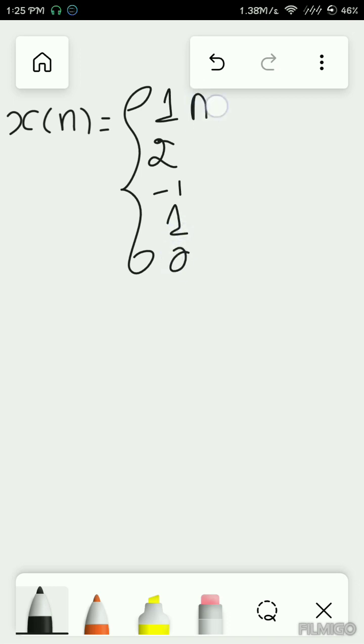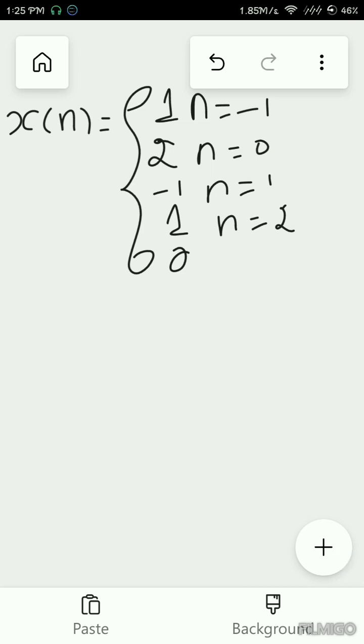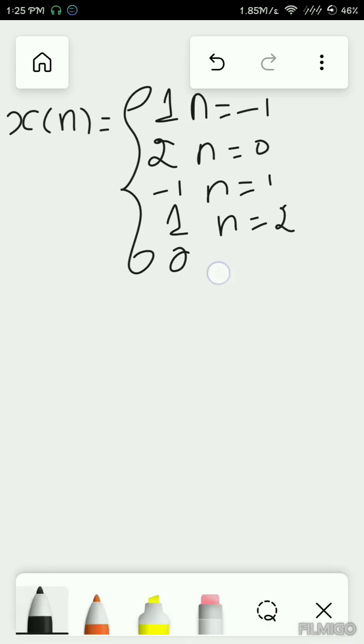This is for n equal to minus 1, this is for n equal to 0, this is for n equal to 1, this is for n equal to 2, and this is for n otherwise, right? This is the given question.